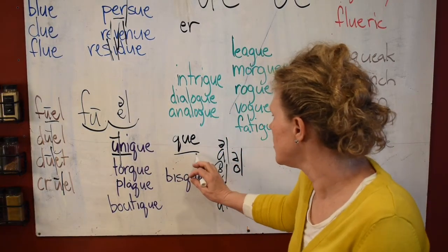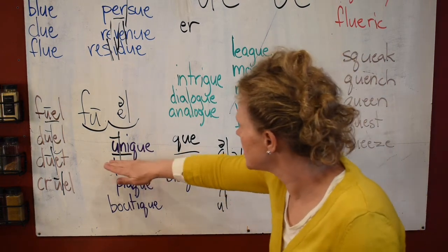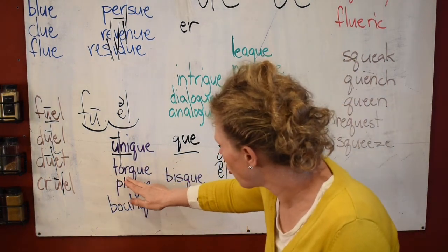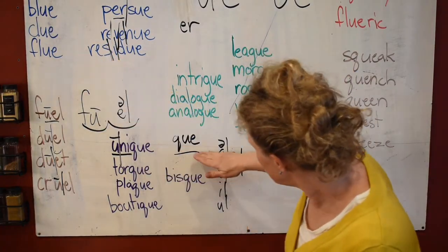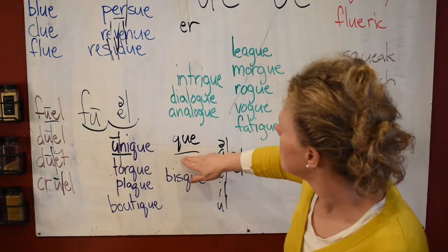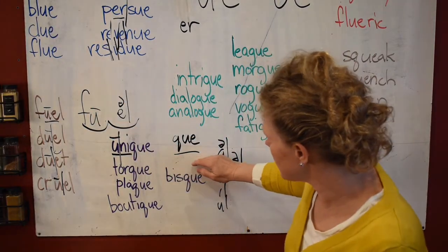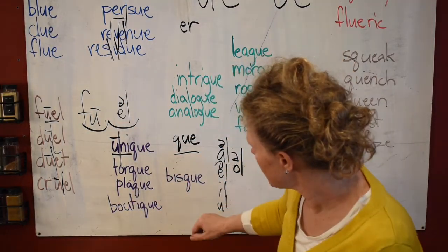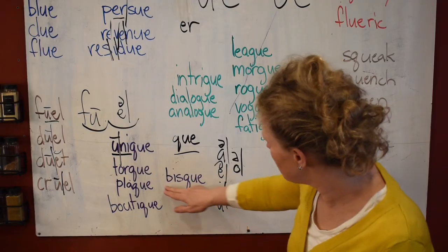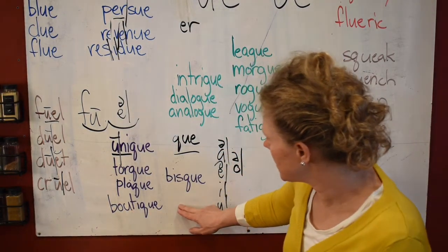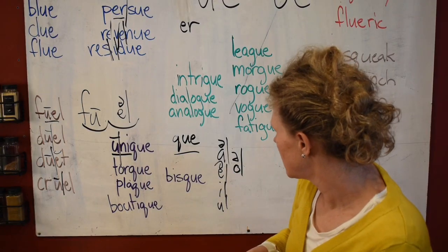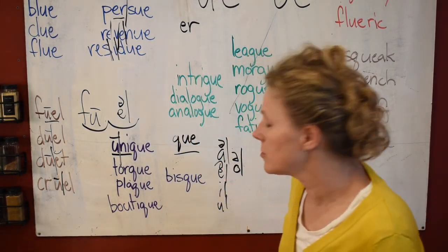If you see Q-U-E, it says k. So this says unique. This says torque. So don't get that confused with up here. Q-U-E is something different. Plaque, bisque, boutique. Okay, don't get that confused.